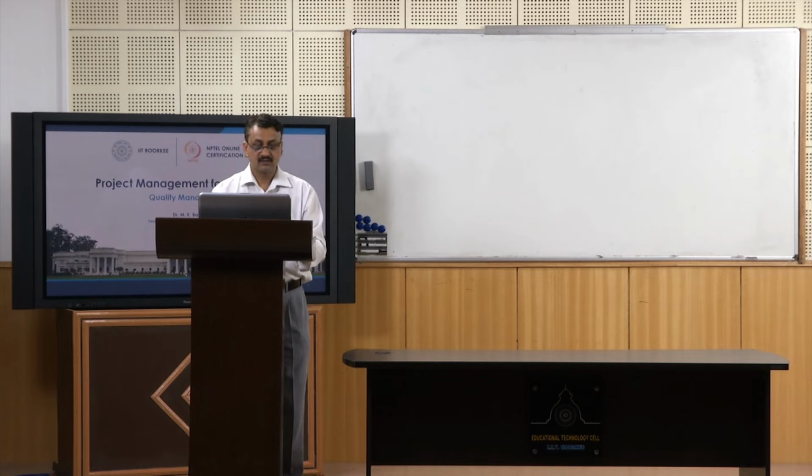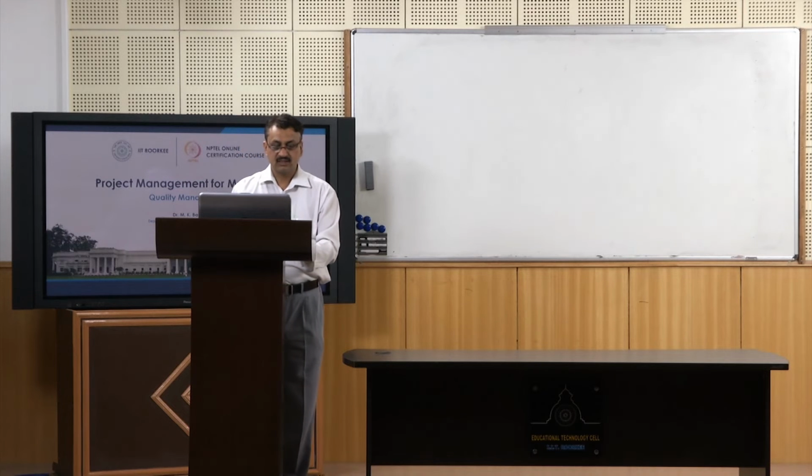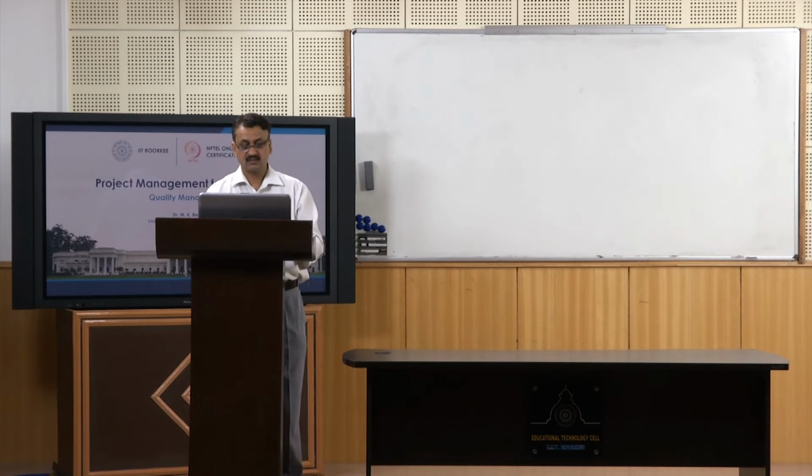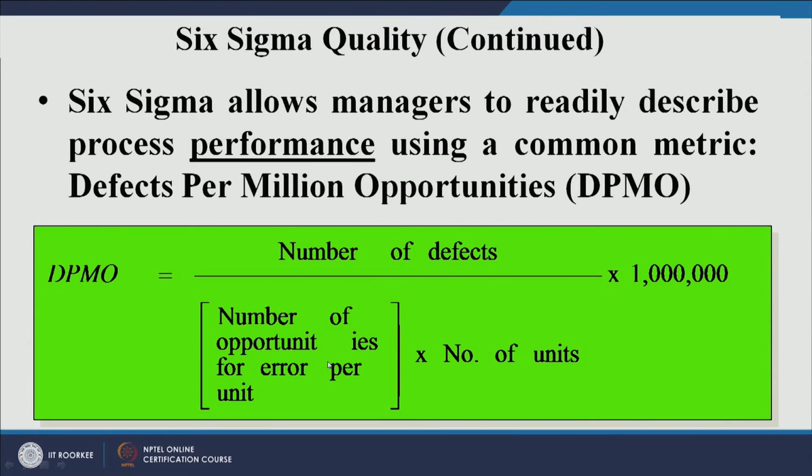DPMO can be used to compare multiple processes' performances. This is how you can calculate this value: number of defects divided by number of opportunities for error per unit, into number of units, multiplied by 1 million.